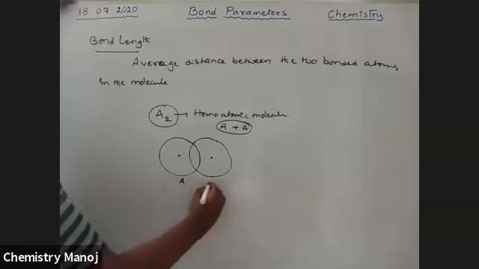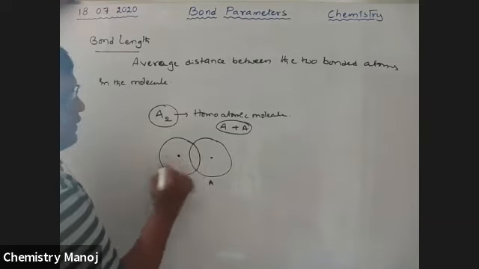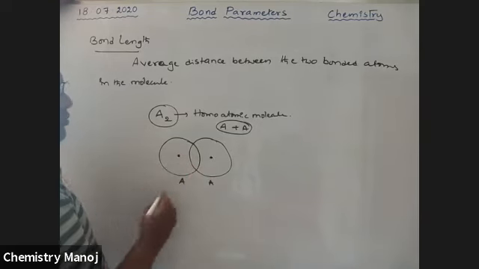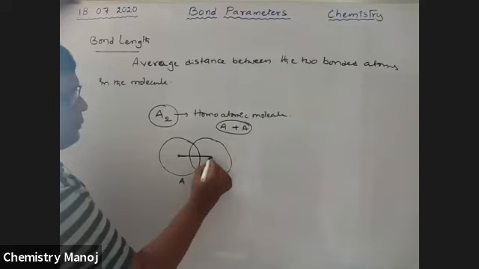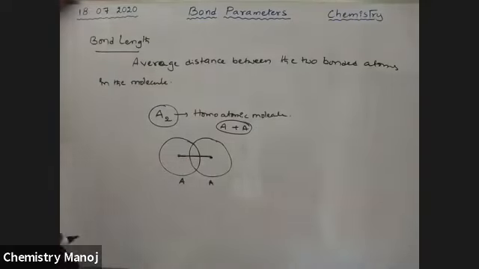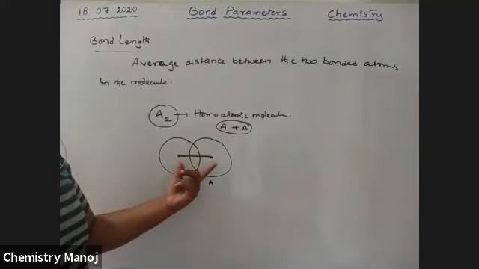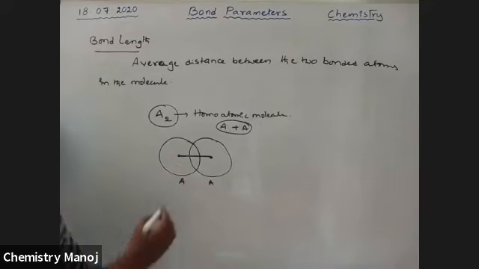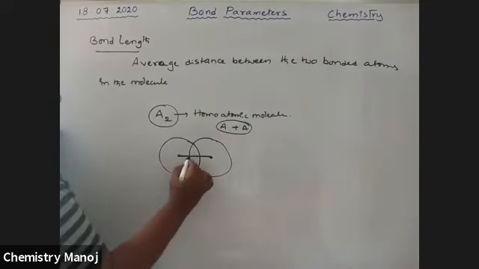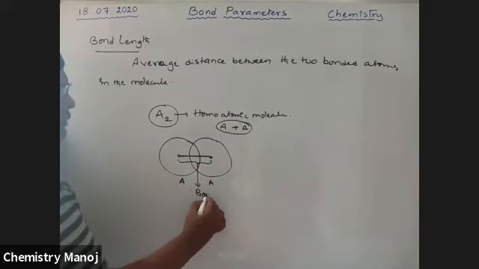Now, this is the nucleus of the atom, and this is the nucleus of the atom. The distance between the 2 internuclei of the bonded atoms is nothing but the bond length.